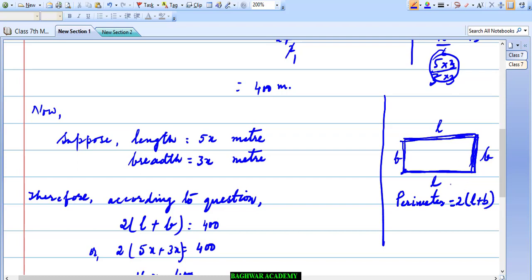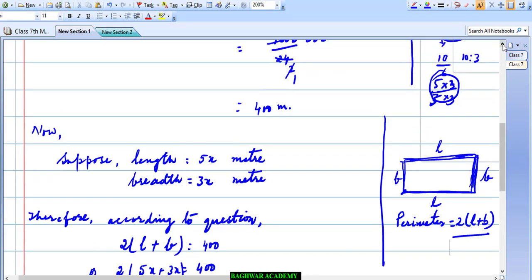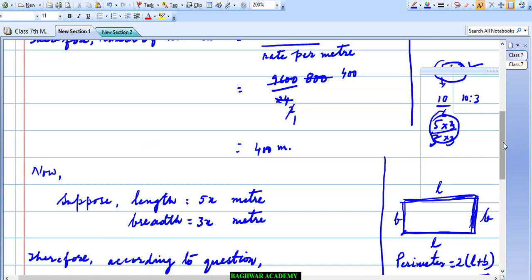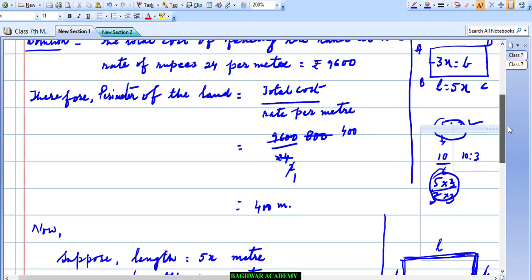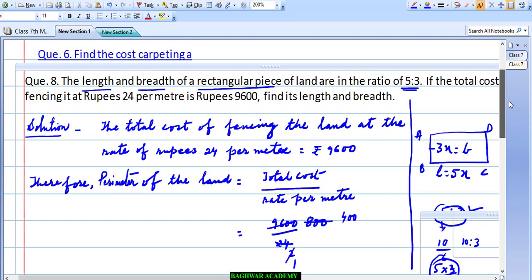L and L give 2L, and B and B give 2B. So the formula is perimeter is equal to 2 into (L plus B). The total length of the boundary of a rectangular piece of land, or any shape, whether square, rectangle or whatever, is called its perimeter.